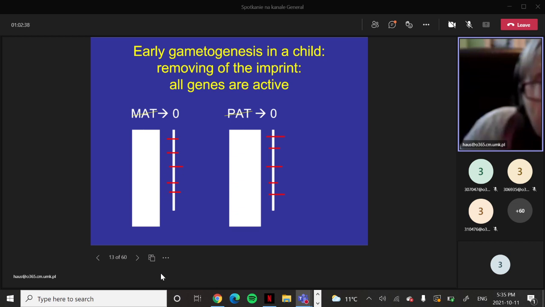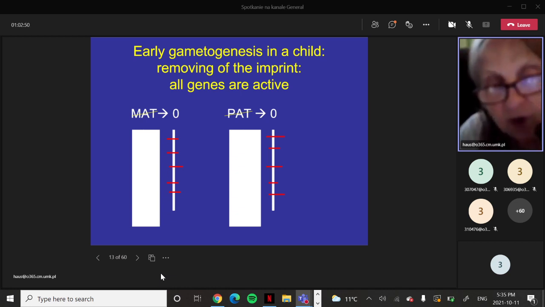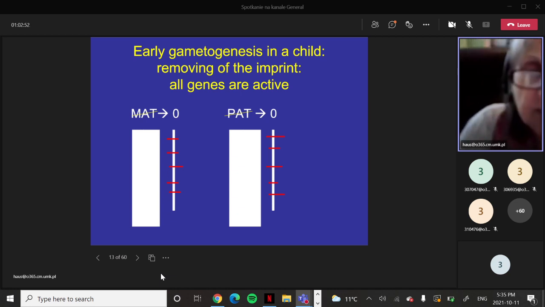This is on the left the maternal chromosome, on the right the paternal chromosome, and the methylation of all genes is removed, which means that all genes are active during early gametogenesis.